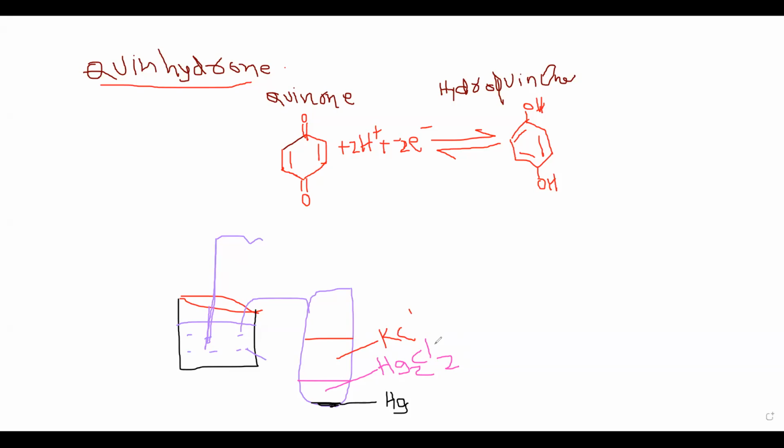And we have a platinum wire dipped in this one. There is a covering or lid or cork. It has a platinum wire which acts as an electrode, and here there is an inlet through which we can add all these ingredients, and there is a connection known as a salt bridge through which all these are interconnected to complete the circuit.